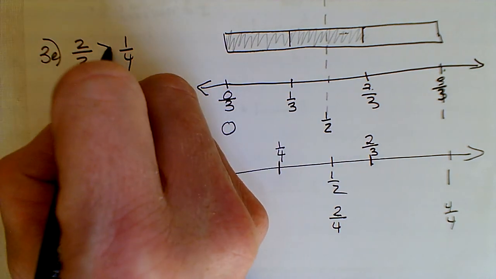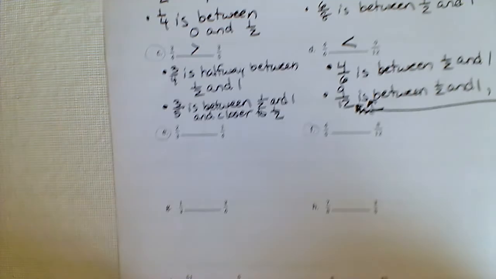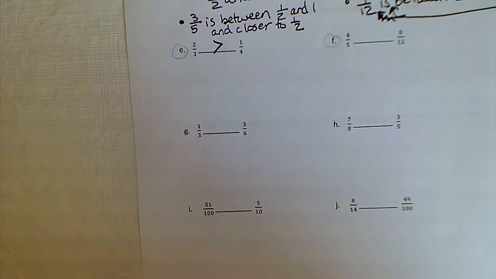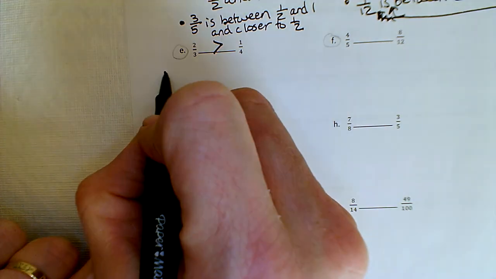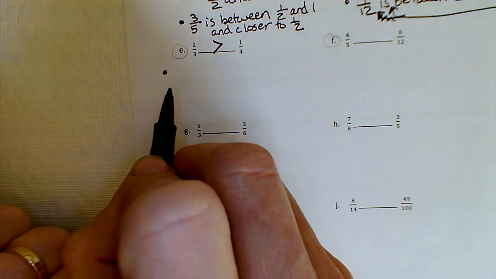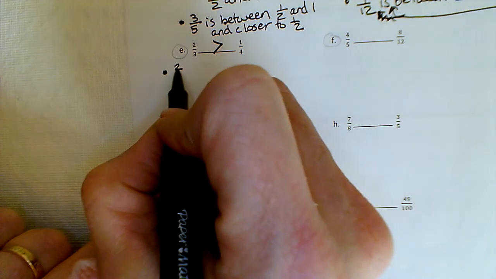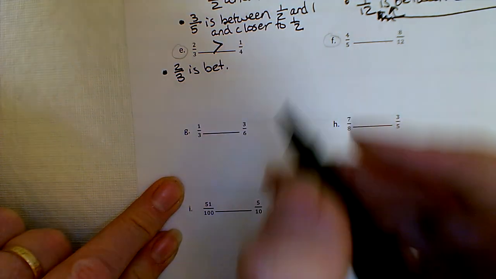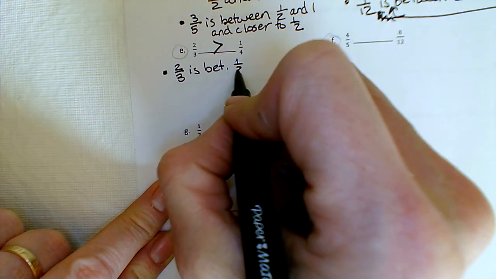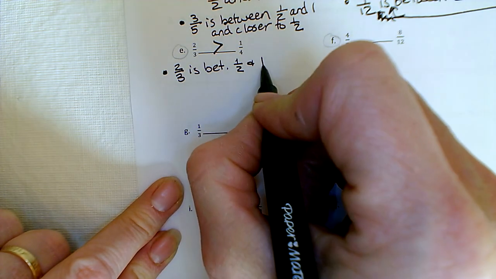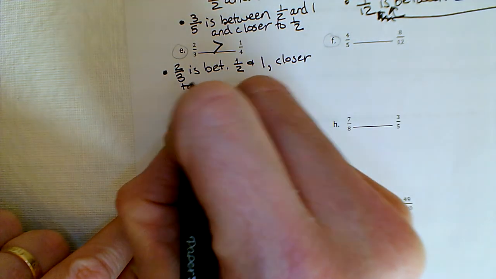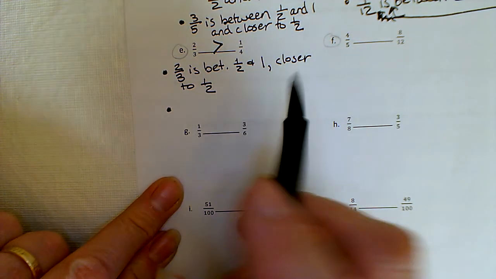So now what we know is 2/3 is larger than 1/4. And the reasoning, if I was not using a number line, so let me remind you how to do this. So again, 2/3 is greater than 1/4. And my reasoning, and I'm going to slide over here so I have more room, first of all, is that 2/3 is between 1/2 and 1, comma, closer to 1/2.